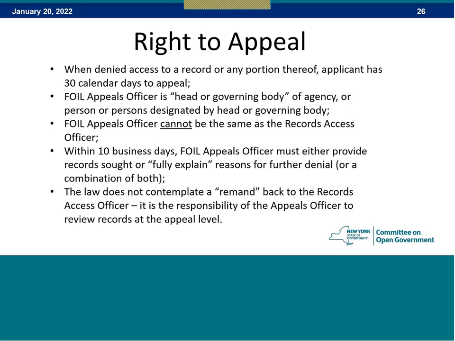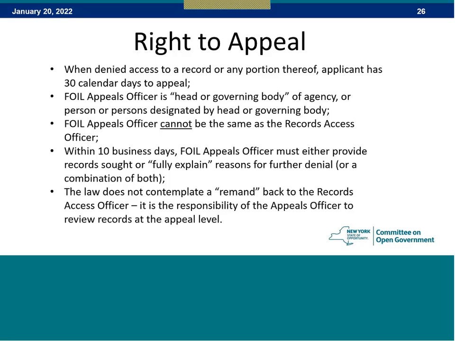The FOIL appeals officer cannot be the same as the records access officer. So for example, if the town clerk serves as the records access officer, the town clerk cannot also serve as the FOIL appeals officer.